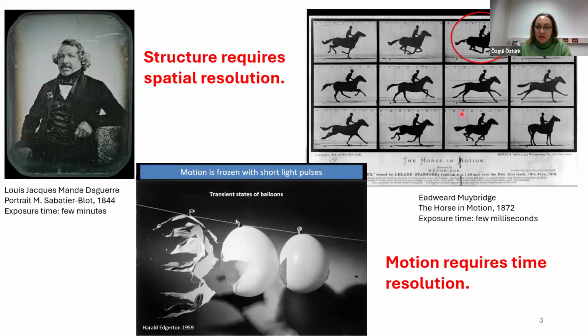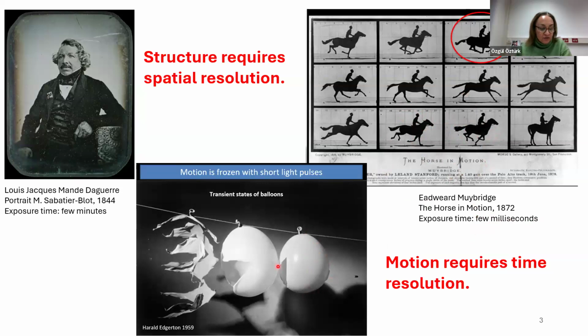This answered the simple but deep question: do all the horses leave the ground at once? The key advance here was shorter exposure times, which allowed motion to be broken into discrete frames. Now the exposure times decreased to a few milliseconds, and this allows us to capture the motion even if it is broken into discrete frames.